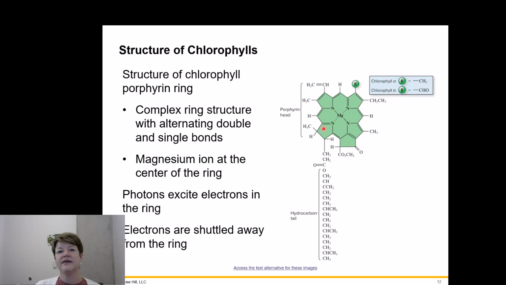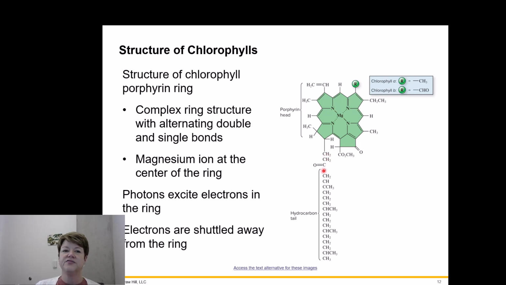It almost looks to me like a little honeycomb. It's not a honeycomb, it's an organic molecule, but it has that shape. So this is a molecule, and this part of the molecule is called the porphyrin head. This is the part that absorbs the photon of light's energy. But attached to the head is a tail, and it's a hydrocarbon, very much like a fatty acid tail, but there's only one tail.